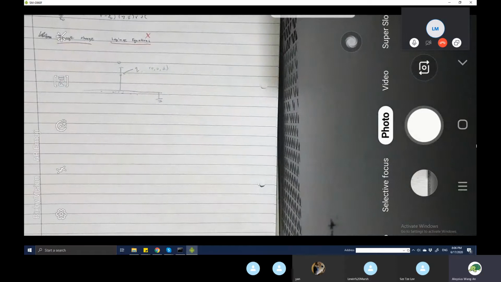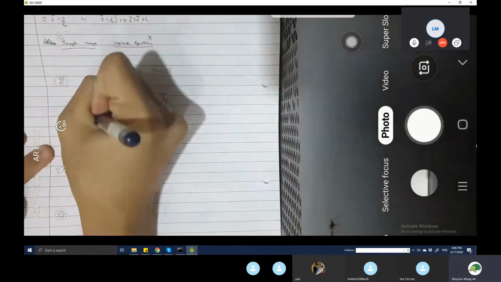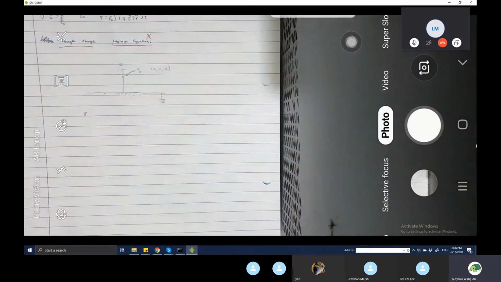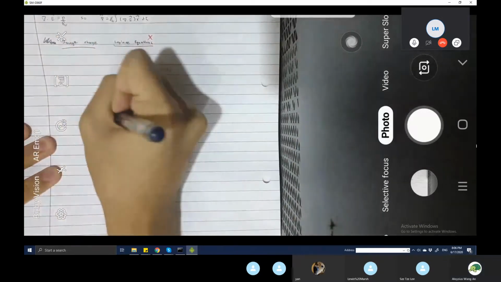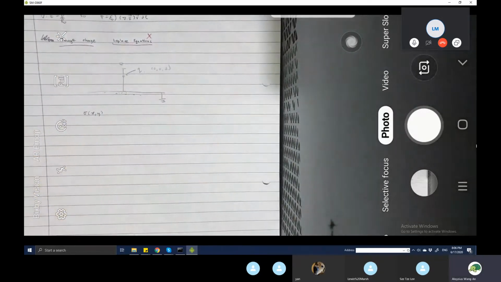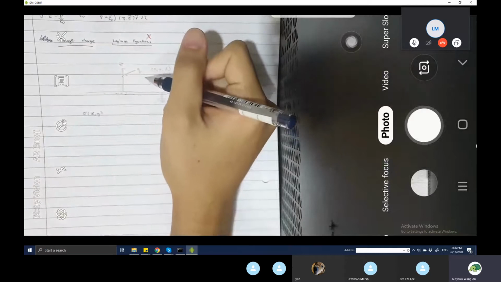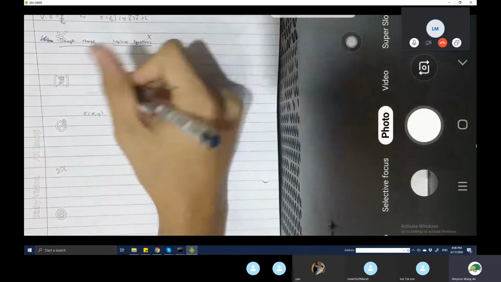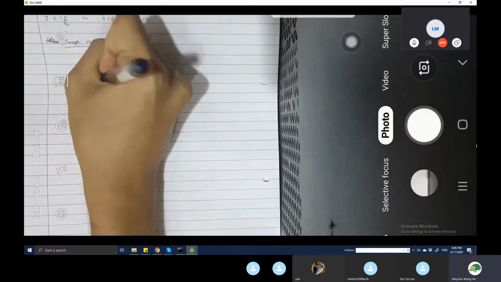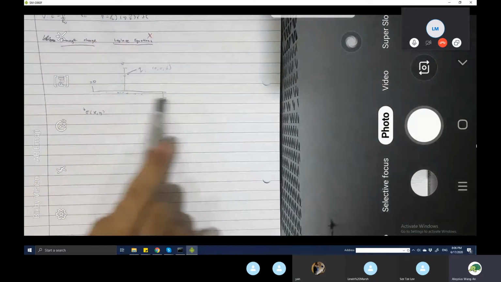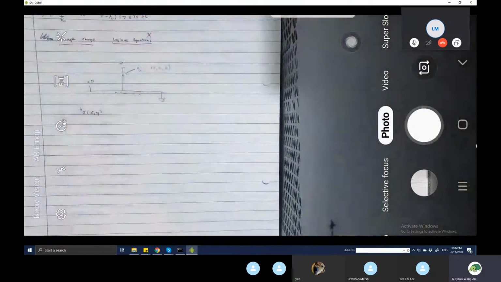One way to approach this question is to assume that sigma is some function of x, y along this plate. Then we can write the potential everywhere, and find an appropriate function sigma such that the potential along this plate is equal to 0, and at infinity the potential is also equal to 0.